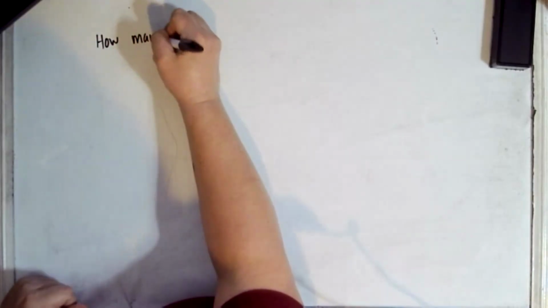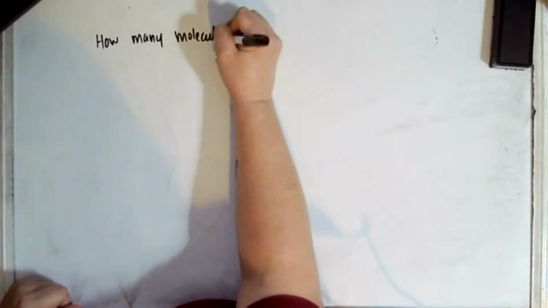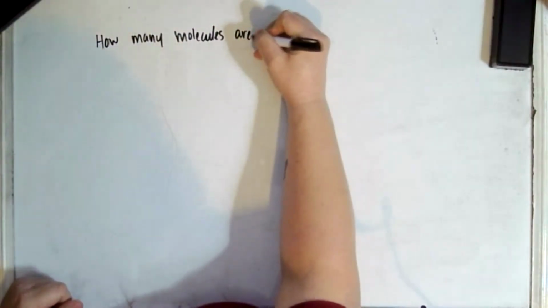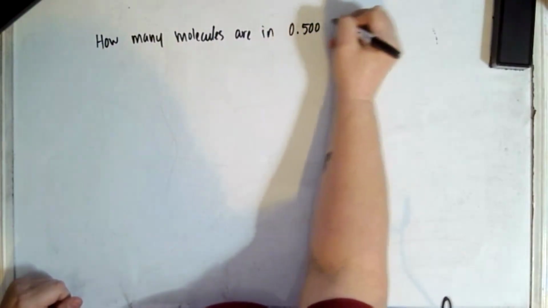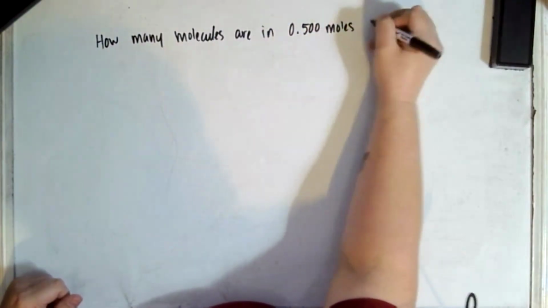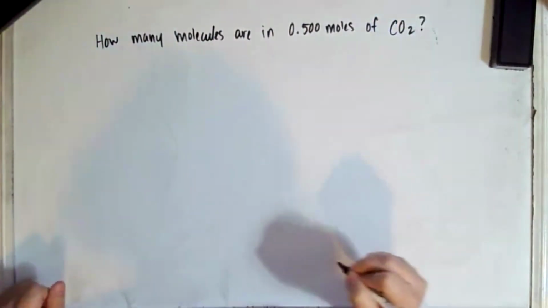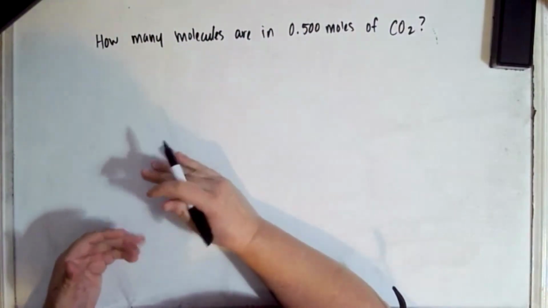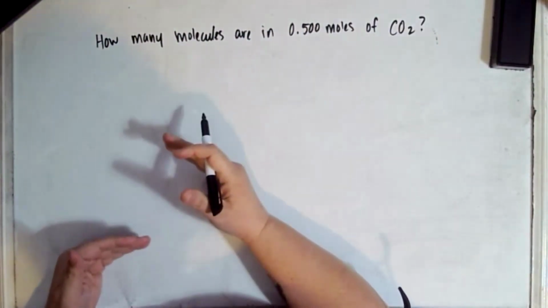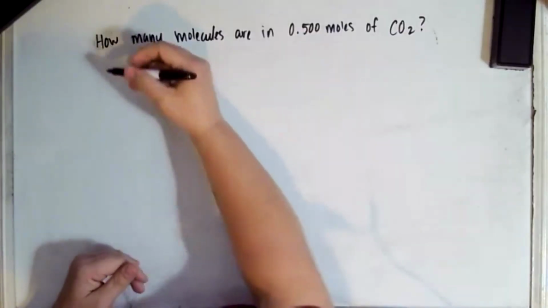So the question is, how many molecules are in 0.5 moles of CO2? We can start by writing out our equality between moles and Avogadro's number.